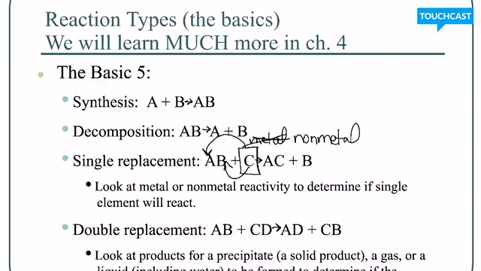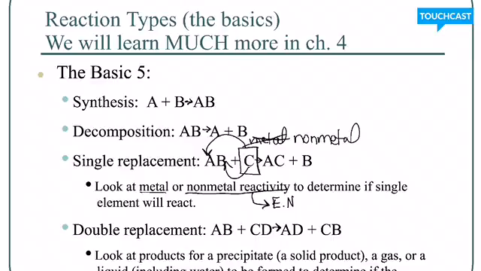Here's the key part. On single replacement reactions, you want to look at either the metal reactivity series or the nonmetal reactivity series. The metal reactivity series is pretty complicated, and you can look up a list online. They're pretty easy to find. But nonmetal reactivity actually depends upon a simple concept, which I think we've already talked about: electronegativity.